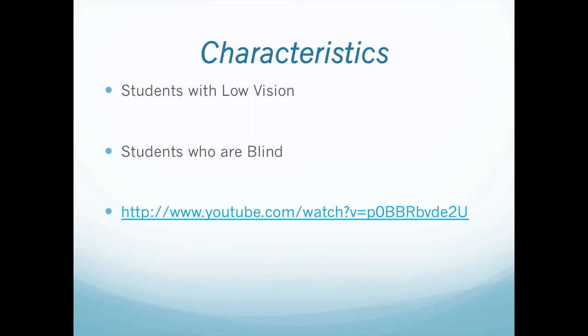Individuals with low vision use sight to learn, but their visual disability interferes with daily functioning. Blindness means that the person uses touch and hearing to learn and does not have the functional use of sight. And visual disabilities may be congenital, present at birth, or adventitious, acquired.